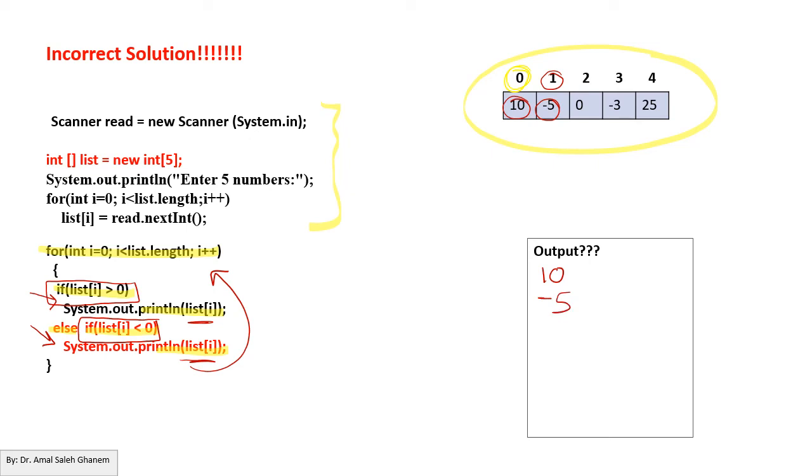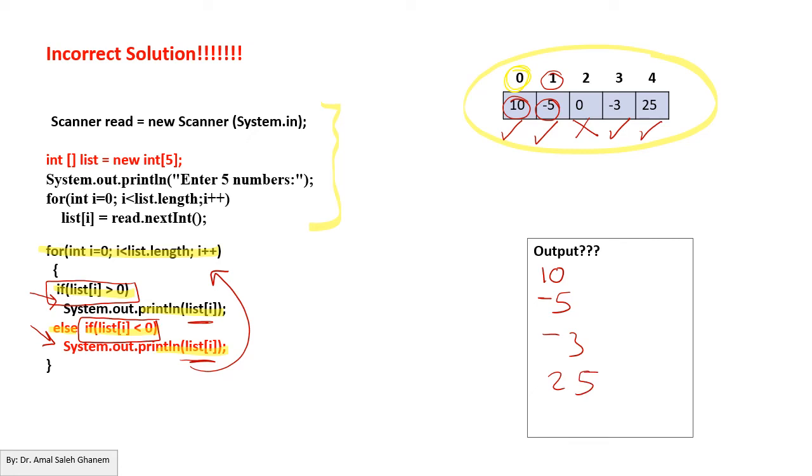Now I think you have noticed the mistake. So what is happening? I'm saying if this is positive, do the output. If it is negative, do the output, which means I will do the output of all the numbers except 0. So the output will be 10, minus 5. 0 will not be there. And then I will do the output of minus 3, and then we will do the output of 25.